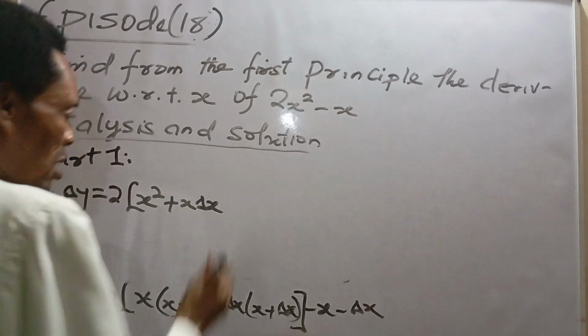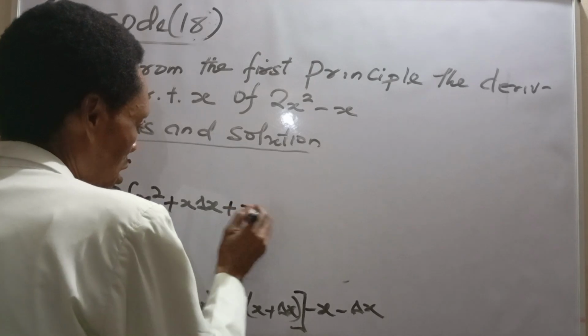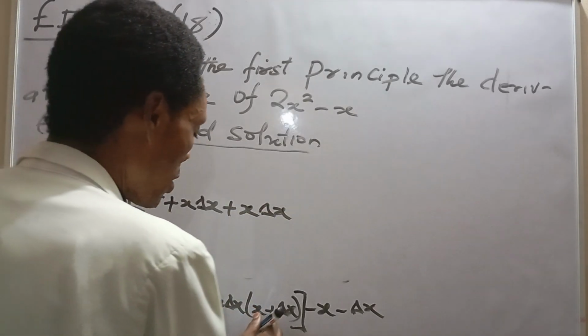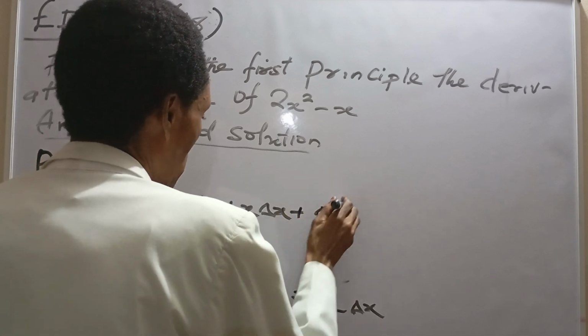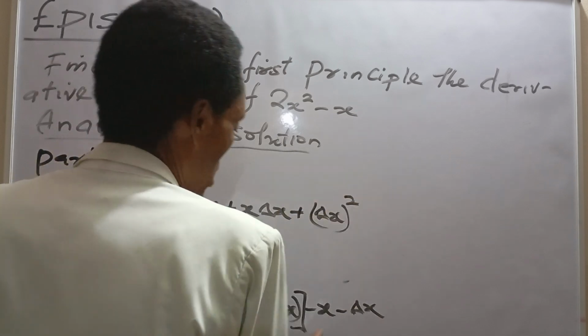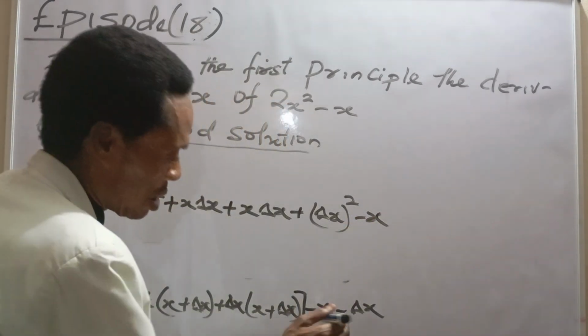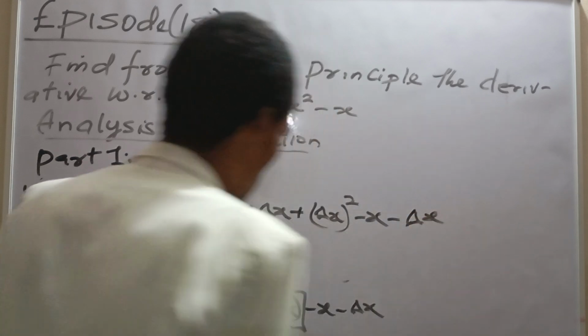You come to this, plus delta x times x will give you x delta x. Delta x times plus delta x will give you plus delta x squared. Then this minus x, and this is minus delta x also.